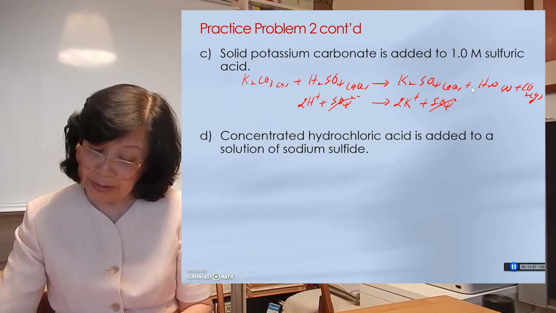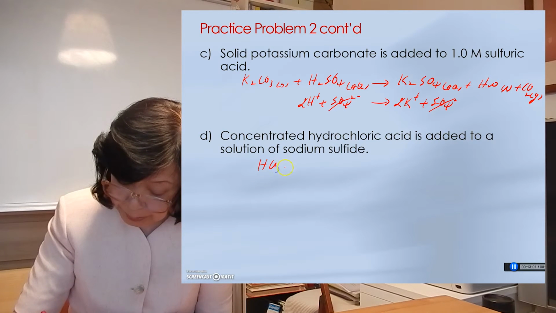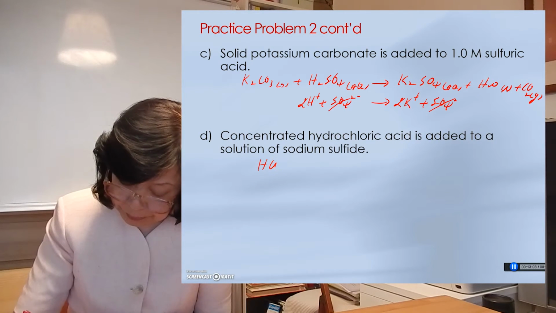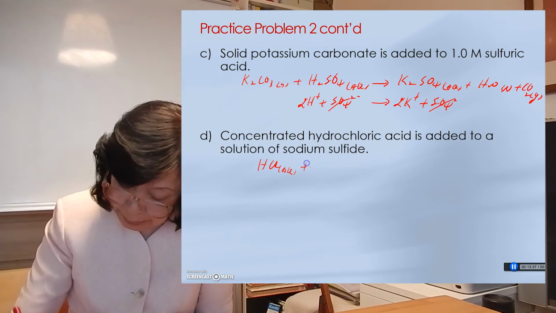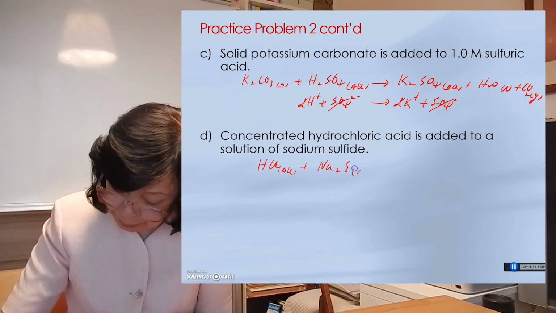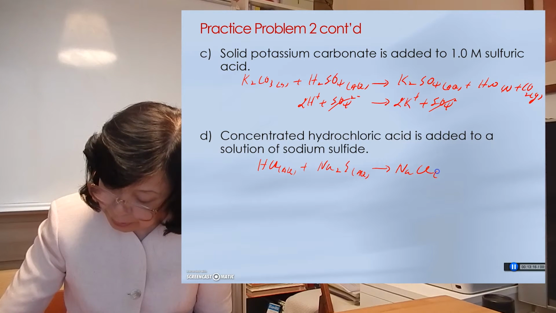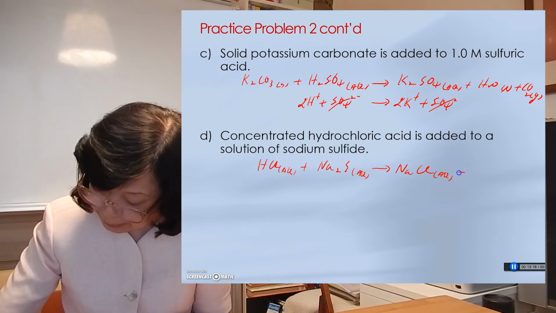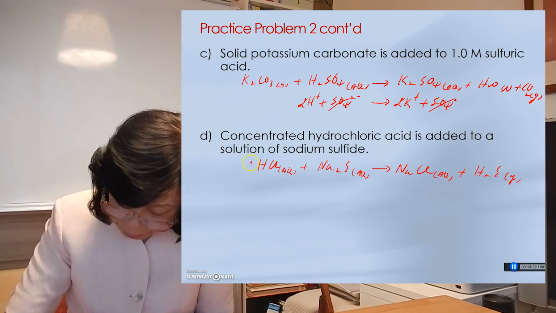Concentrated hydrochloric acid added to solution of sodium sulfide, HCl aqueous, and sodium sulfide Na2S aqueous, forming sodium chloride soluble compound and hydrogen sulfide gas. So put a 2 here.